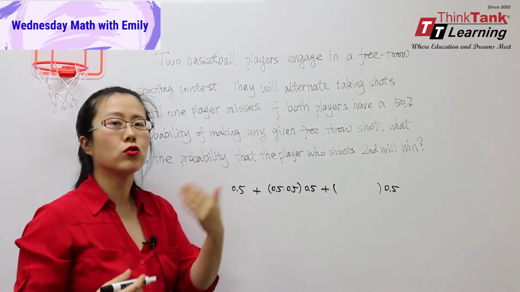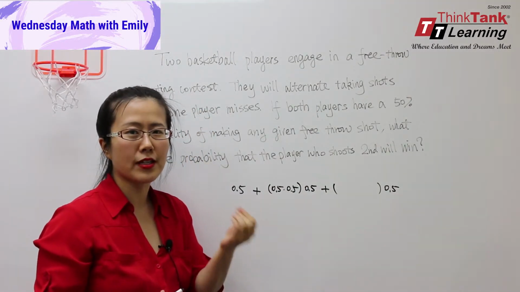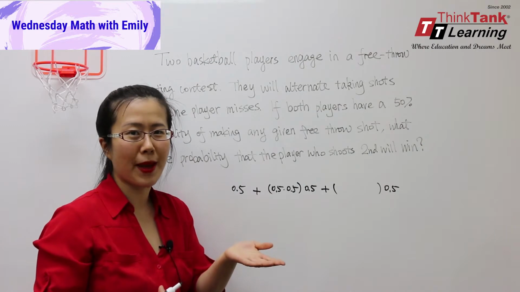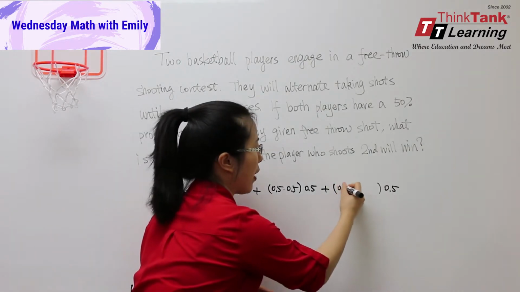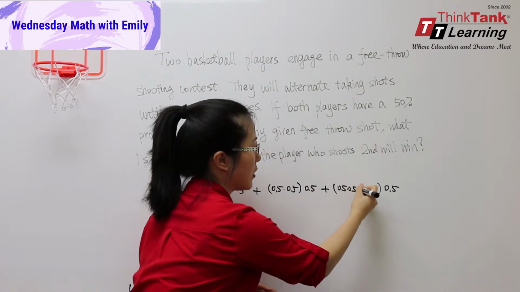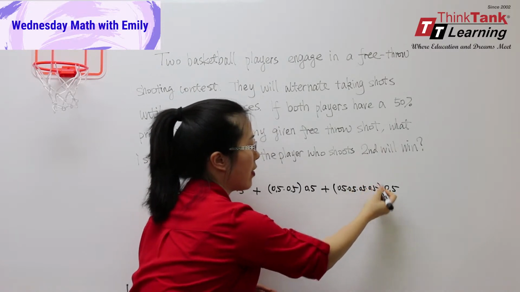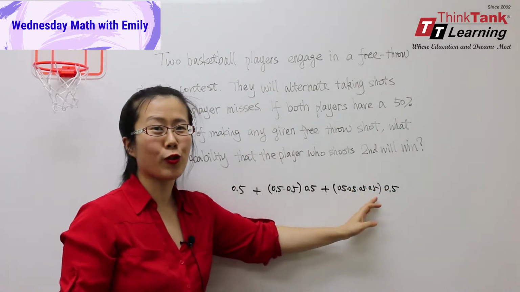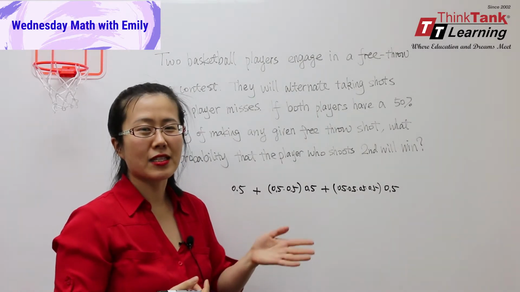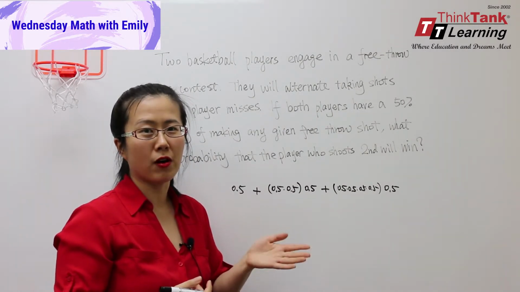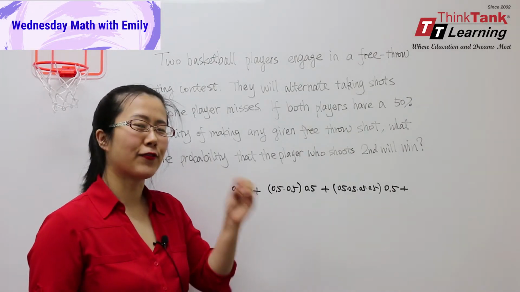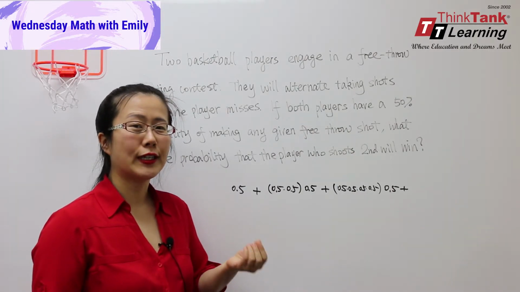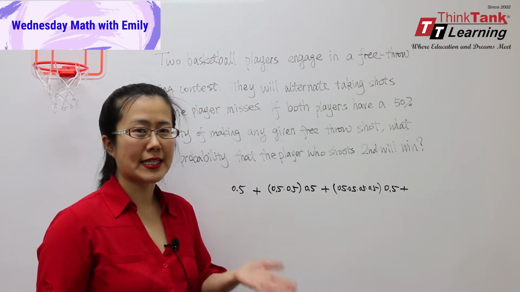In order to go to the third round, both players have to successfully make their shots in the first two rounds. So that will be 0.5 times 0.5 times 0.5 times 0.5. This is the probability of going through the first two rounds by successfully making all four shots. So the only way for the second player to win is if the first player fails when it's his turn.